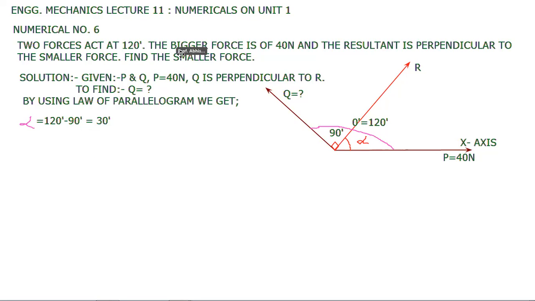Now the formula for tan of alpha will be q sine of theta upon p plus q cos of theta, which has been given with reference to the law of parallelogram.